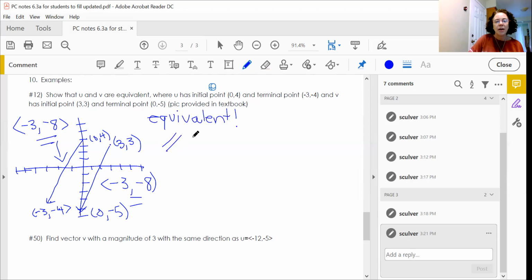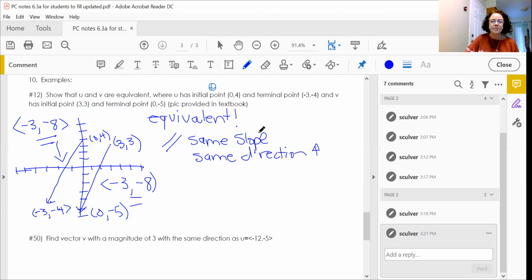So they are parallel, same slope, same direction arrows, and obviously the same magnitude. So they are equivalent.